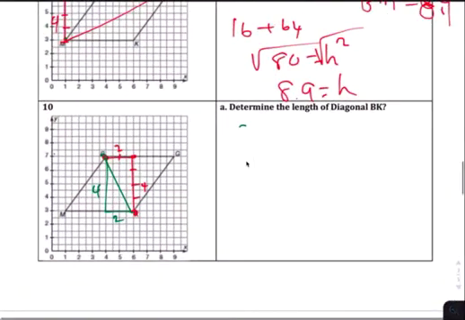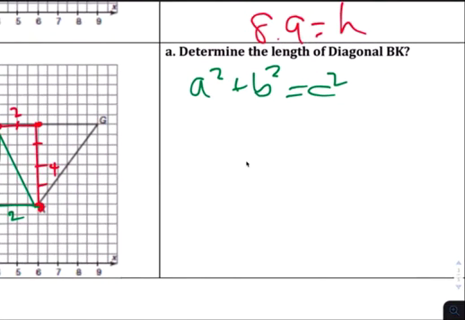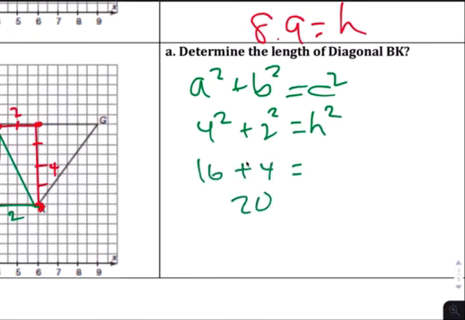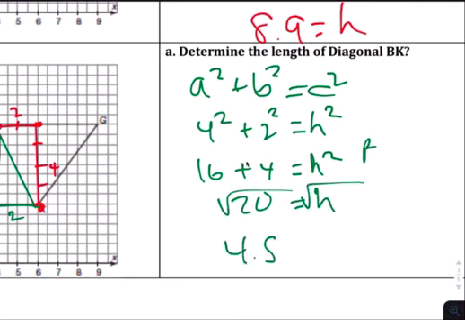So a squared plus b squared equals c squared. So 4 squared plus 2 squared equals the hypotenuse squared. 16 plus 4 is 20. Oh my, that's the same answer as the other one. The square root of 20 is 4.5. That is the length of BK.